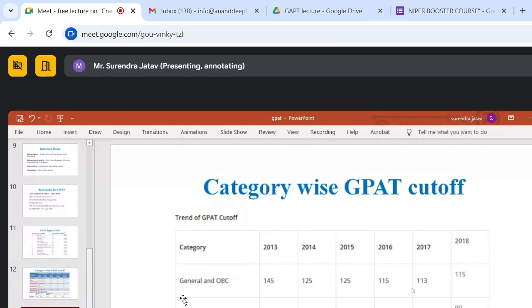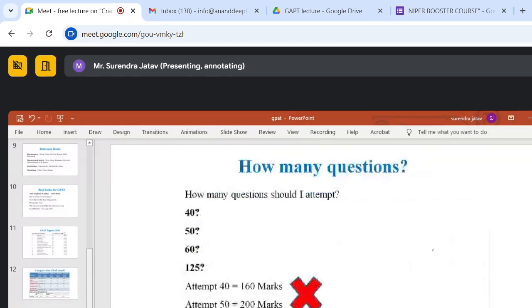Before that, in 2018 and 2019, for the general category and OBC in 2013, 140 marks were required, out of 125 questions. So this data indicates how many marks are required to qualify the GPAT exam. We do not need to get 430 or 330 marks. 300 marks out of 500 is what is required for ranking 1. For just qualifying, you can qualify even with much fewer marks.